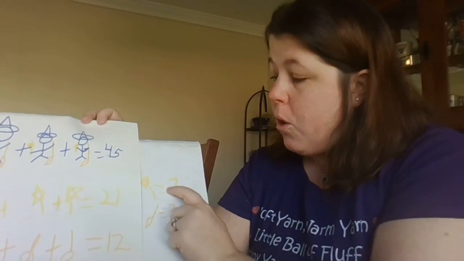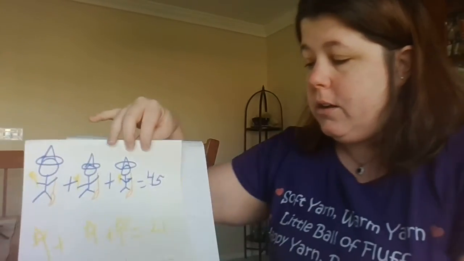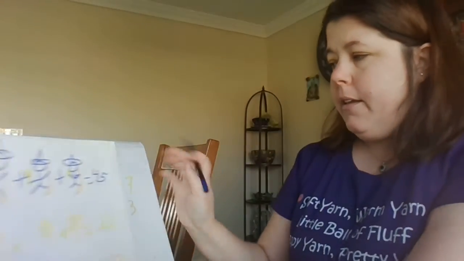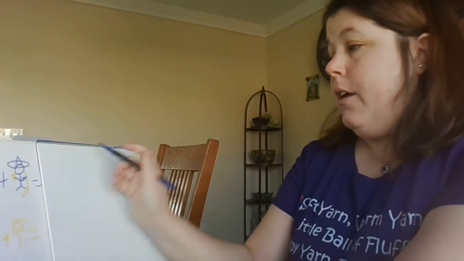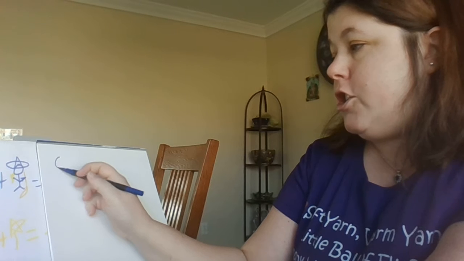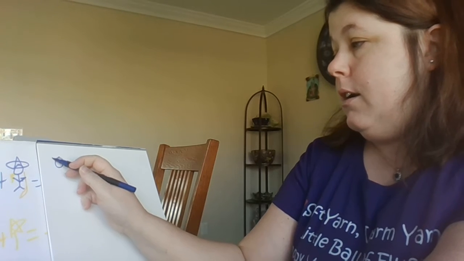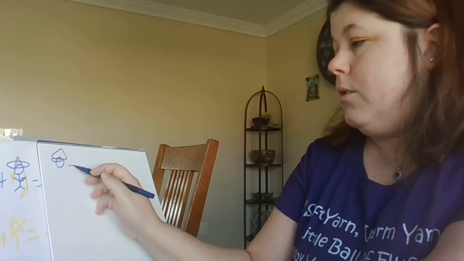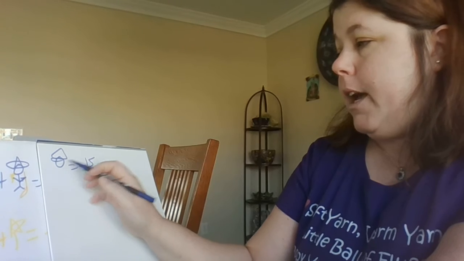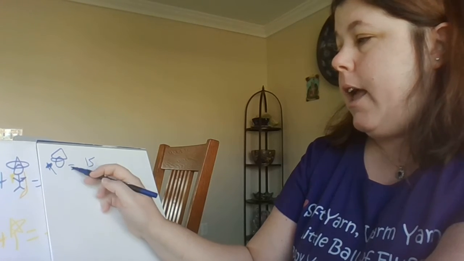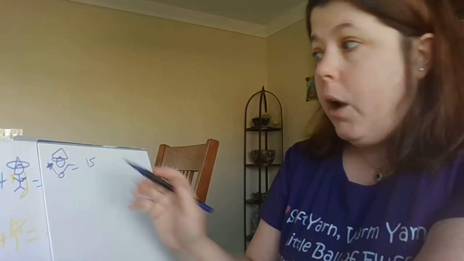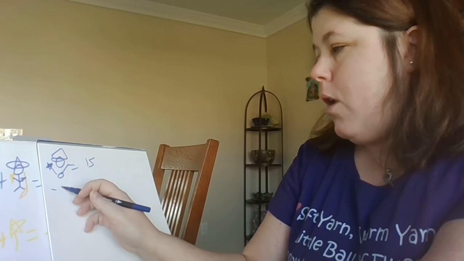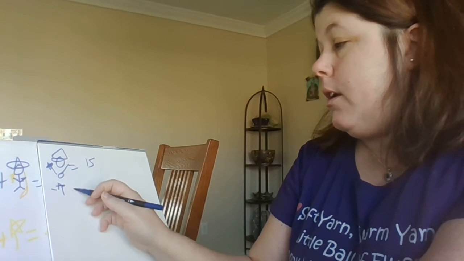So we said that a wand equals 7. Initially, we said that the witch equals 15 because she has the wand and the broom. Okay, so let's subtract the wand, which is 7.